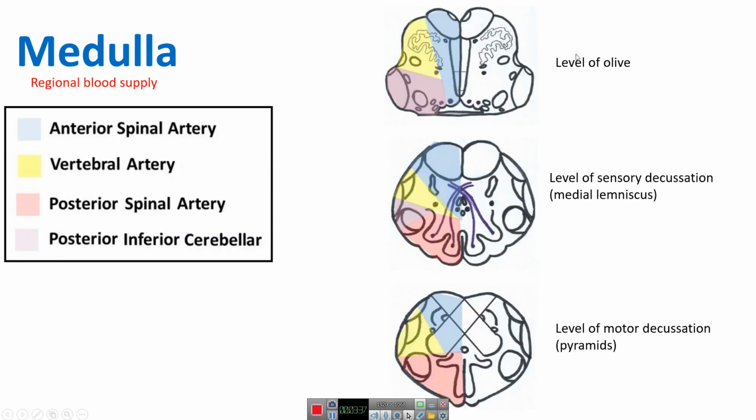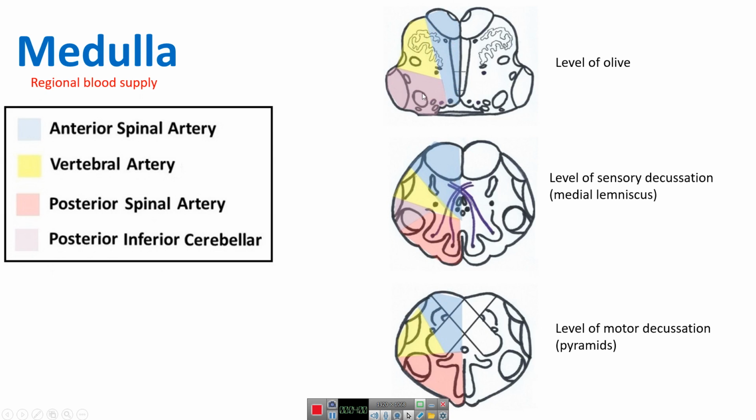The medulla. Medulla, we have three levels of the medulla. At the level of the olive from upside down, level of the sensory decussation, and then the level of motor decussation. The anterior spinal artery supplies the paramidline of the medulla nearly in all cuts.